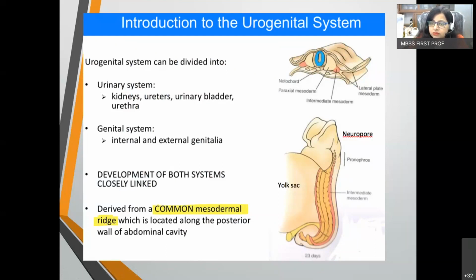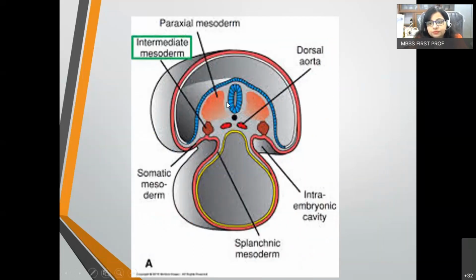This is about general embryology. See, I show you here. This is the developing embryo with the amniotic cavity above and the yolk sac below, and the neural tube over here with the notochord as a black dot. By the side of this, there is intraembryonic mesoderm.